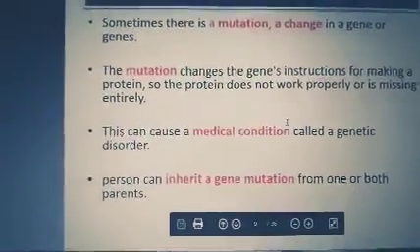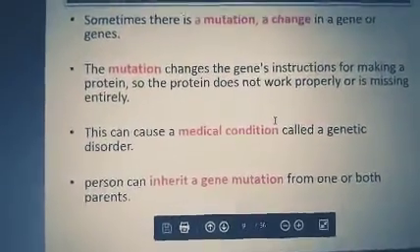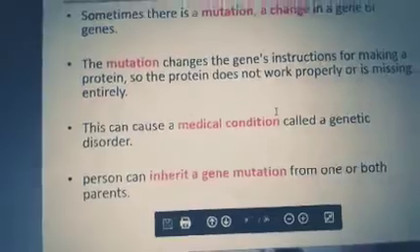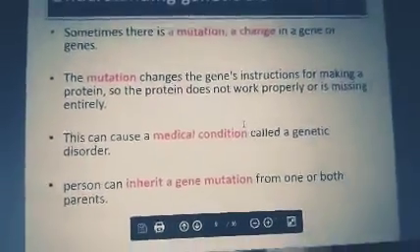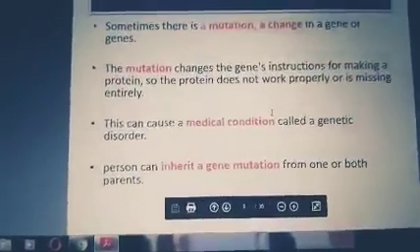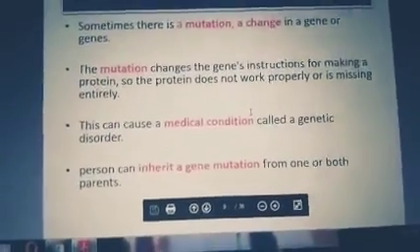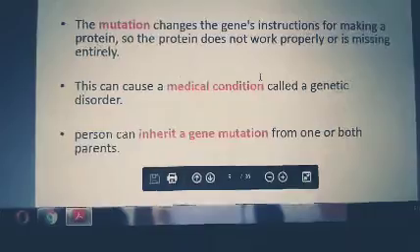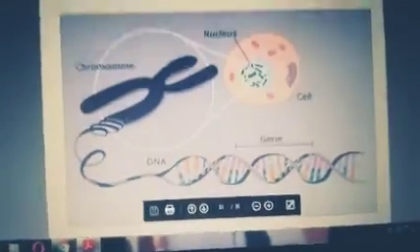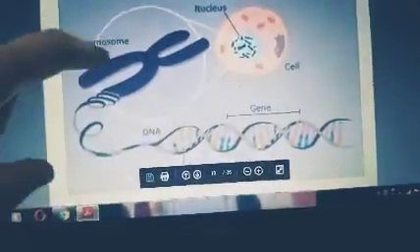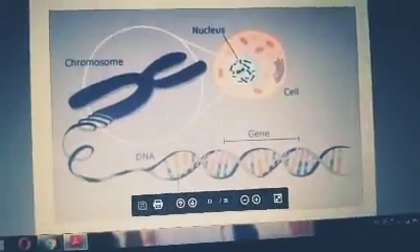So if the parents have a genetic disorder or a genetic defect, there are a lot of chances that it would be passed to the next generation. For example, Down syndrome and sickle cell anemia could be passed on depending on their inheritance pattern. As we have previously seen, the chromosome and the extended structure as a gene.